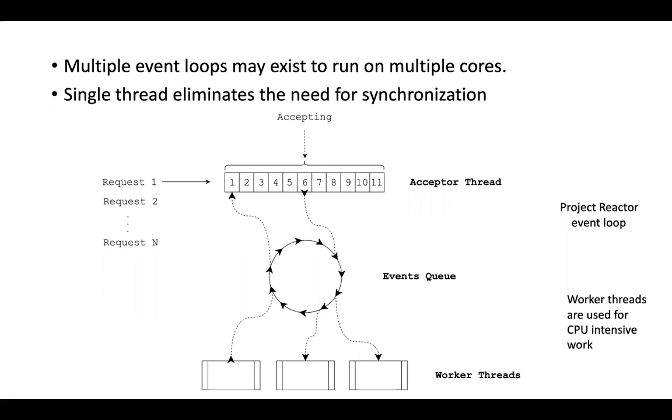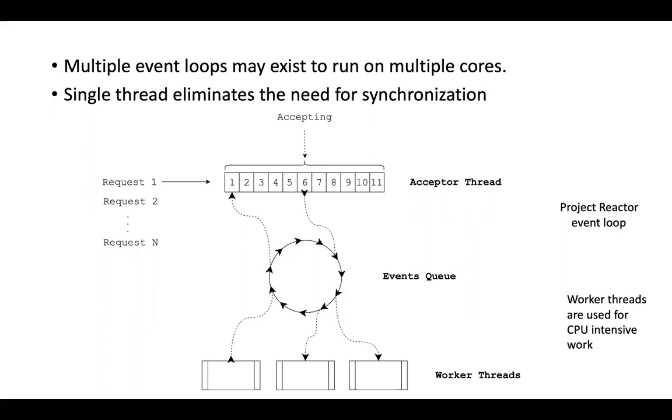We have a small set of threads which we call the event loop threads. In general they are something like twice the number of cores in your server. So if you have 16 cores, then it will be 32 threads in the event loop thread group.